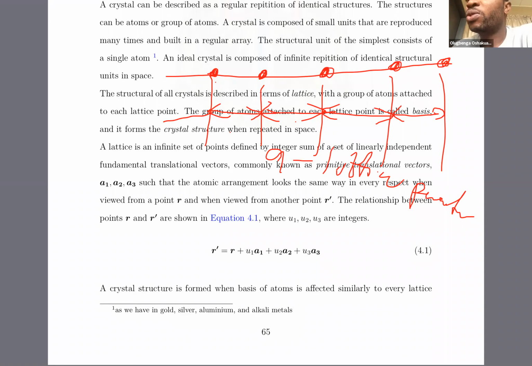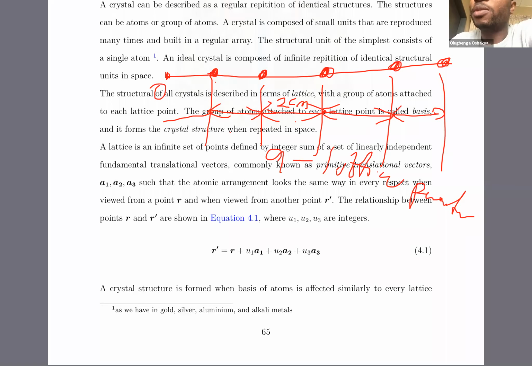Let's use figure units where, let's say, the spacing is 2 centimeters. We don't have anything of 2 centimeters in nature, but let's just say 2 centimeters. Let's take this point to be our origin, 0.